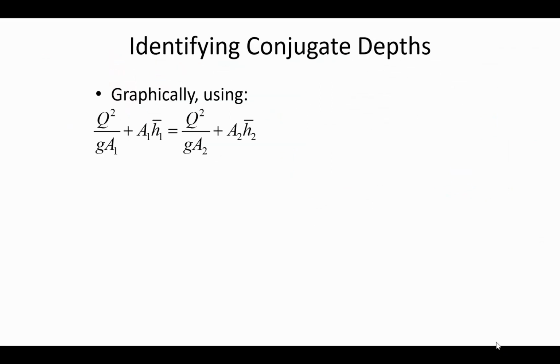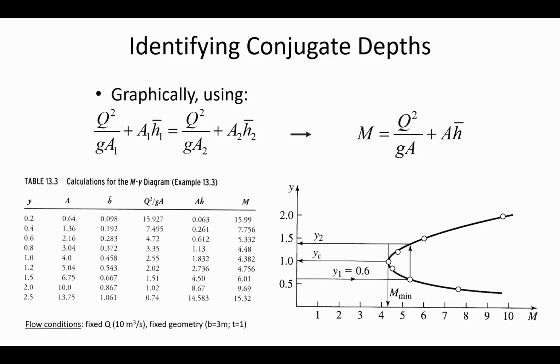You can find the conjugate depths graphically by depicting a momentum depth curve and finding the two different depths for the same amount of momentum. That's the approach illustrated here. And by the way, there is a physical significance to this.